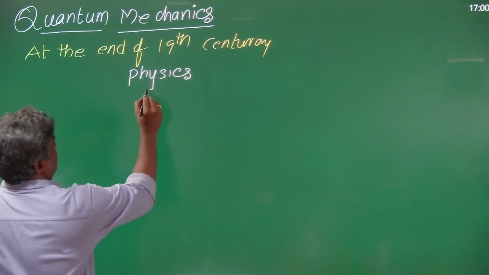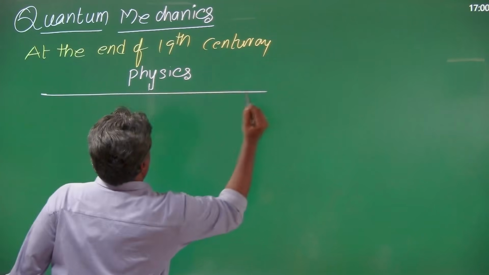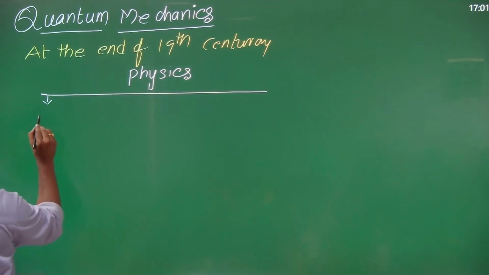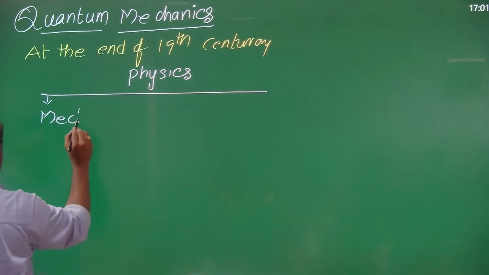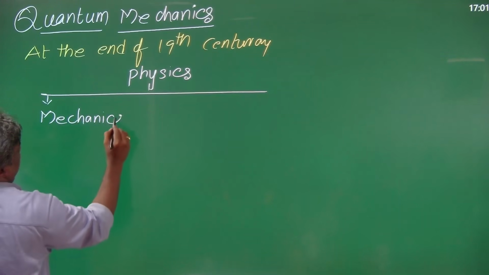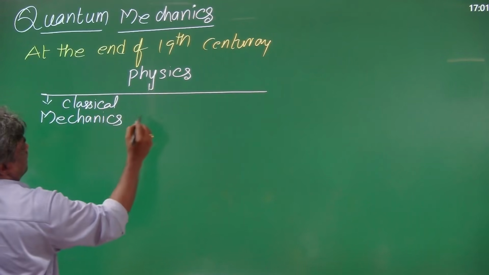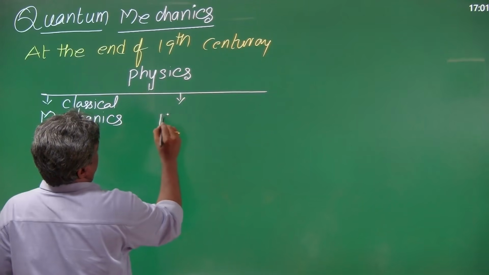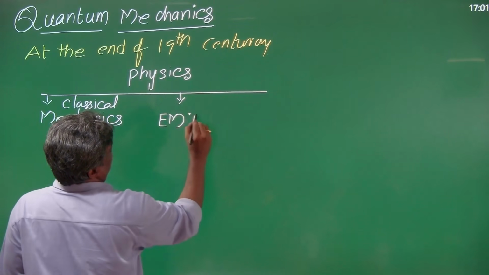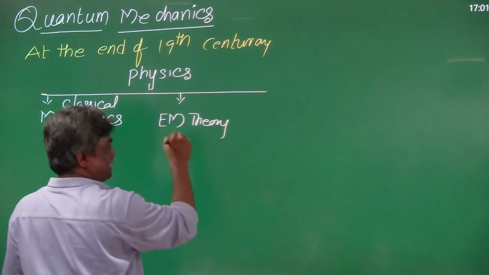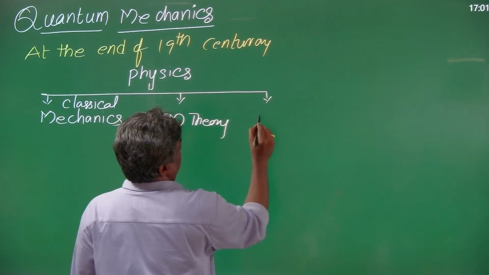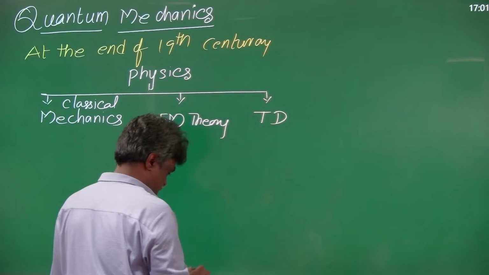These are the three major branches at the time. One is mechanics, of course the classical mechanics only. The second is electromagnetic theory, which is classical electromagnetic theory. And the third one is thermodynamics.